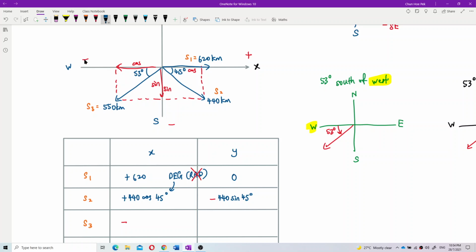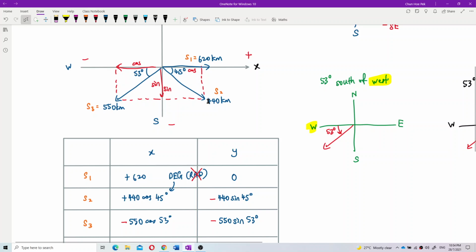So this is negative 550 cosine 53. Remember, set your calculator to degree. And then the y component is going downward. For this S3, it is going downward. Downward is negative. So it is negative 550 sine 53 degree.